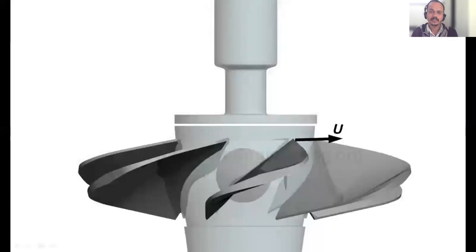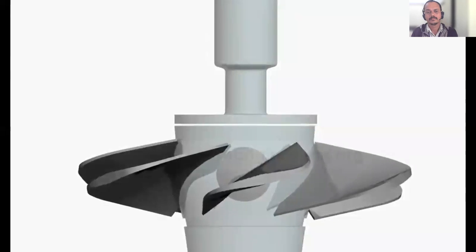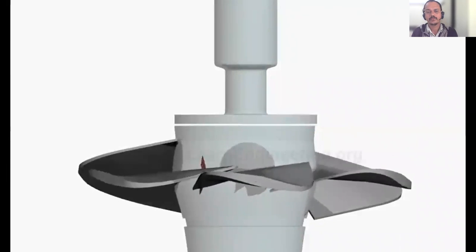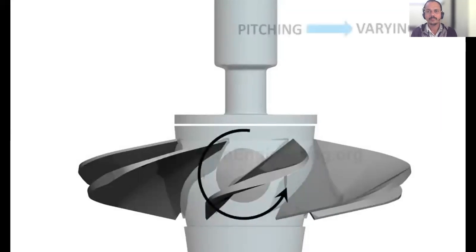When flow is high, it will move like this. When flow is very low, at that time the vanes can be moved or swung like this. This facility is not available in the propeller turbine.